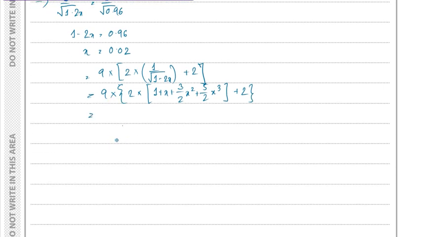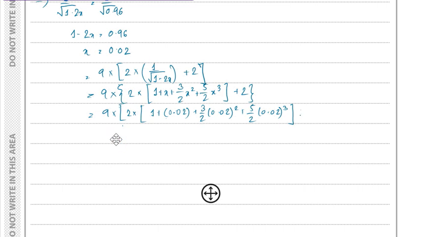So if you put the value of x here, this would be 9 multiplied by 2 multiplied by 1 plus 0.02 plus 3 by 2 times 0.02 squared plus 5 by 2 times 0.02 cubed, plus 2.